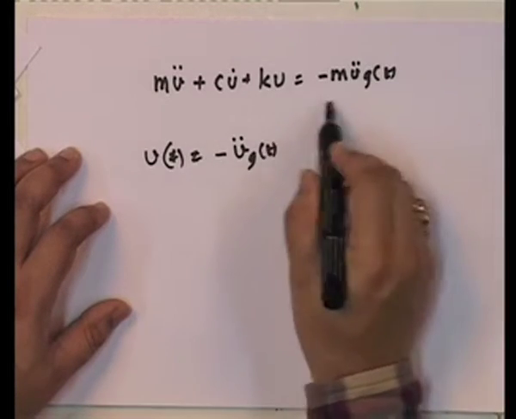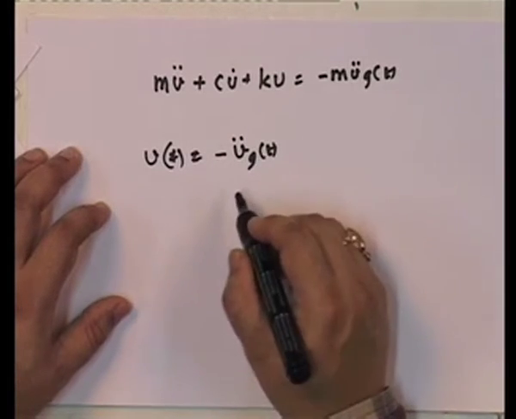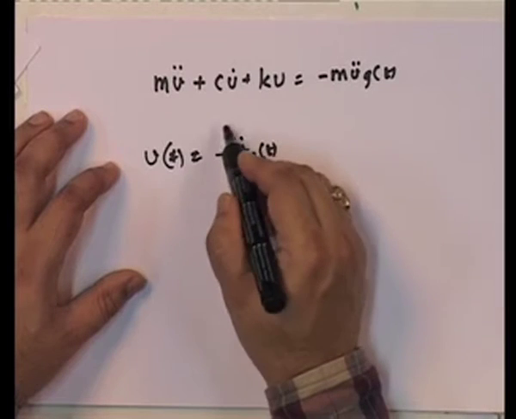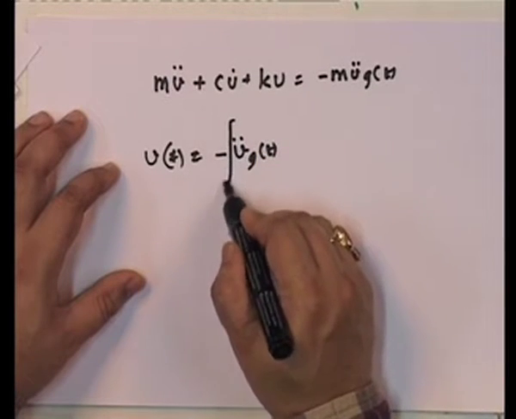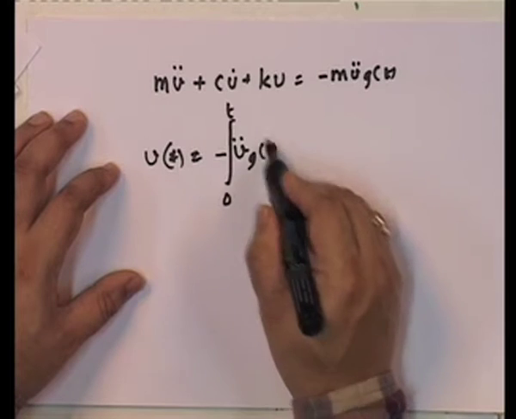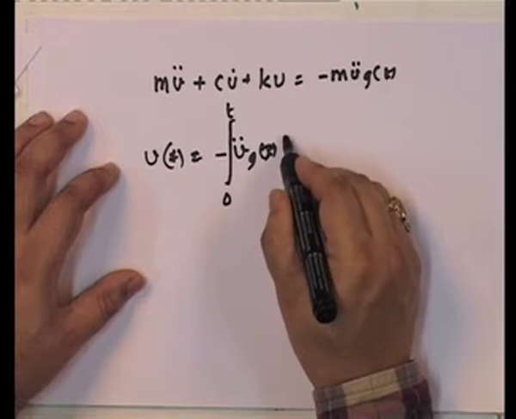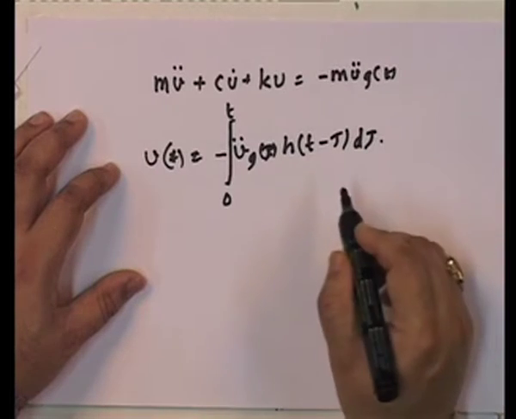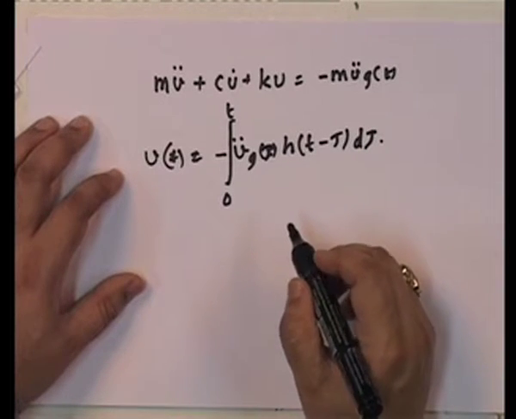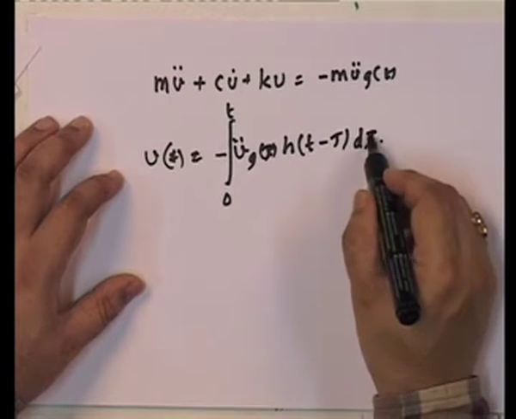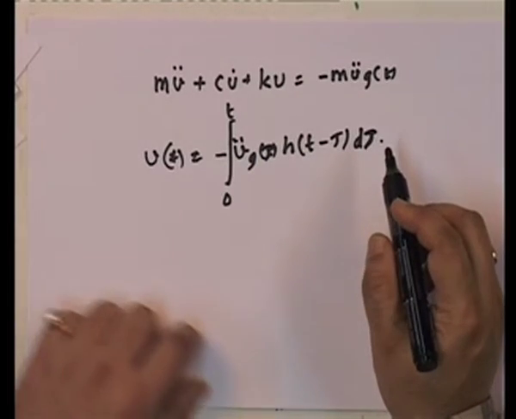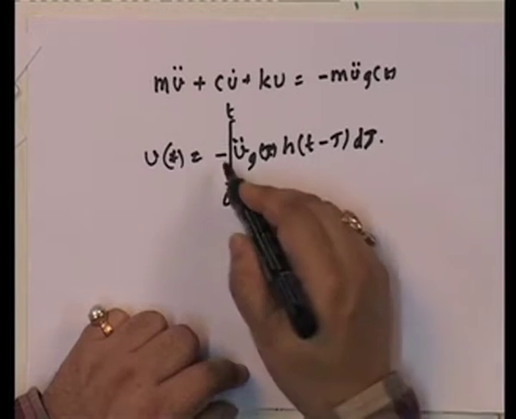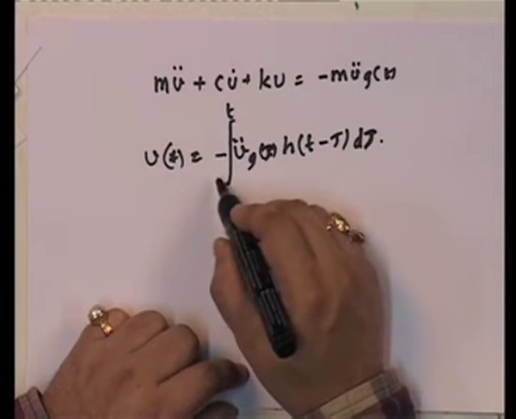This is m upon k. So, what do you get? You get I m. So, you get this minus integral 0 to t v g tau h t minus tau d tau, and the only thing that was there was that, remember this, that what we had was that this was the unit impulse response function, and it was 1 upon m omega.